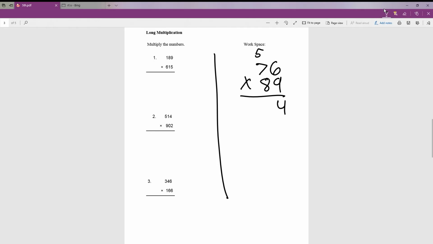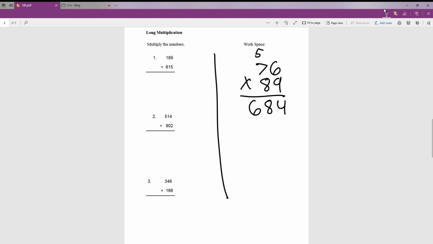Now, what's 7 times 9? 7 times 9 is 63. But I have this 5 up here I have to add to the 3. So it's 3 plus 5, which is 8. So it's 684.